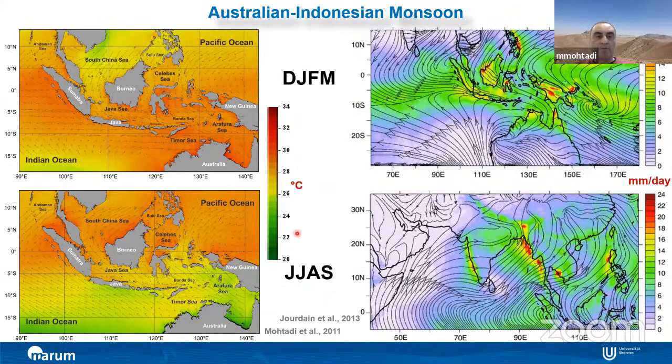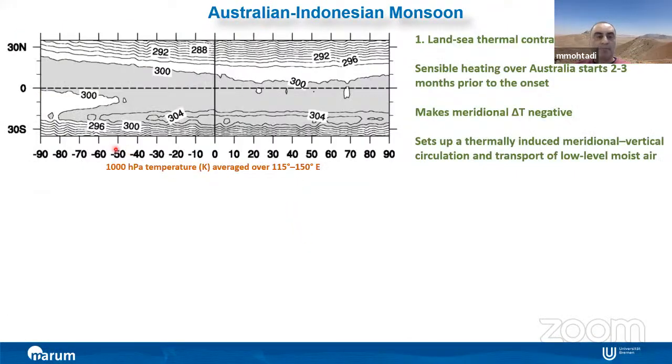How this monsoon evolved is basically, as with all the other monsoon systems, based on a thermal contrast, a thermal gradient, in this case between the Australian landmass and the seas further to the north of it. What you see on this panel is the days before the onset of the monsoon, which is indicated by this vertical line, and temperatures in Kelvin.